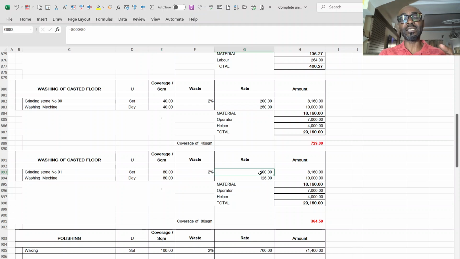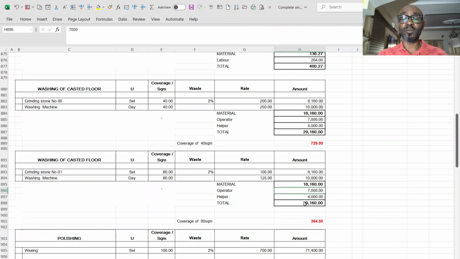So, and this is the cost per square meter, you divide the 8,000 by 80 and the machine as well. You divide the 10,000 by 80, you have the cost per square meter. You arrive at the same 18,160, then you have the cost for the labor and the mate.